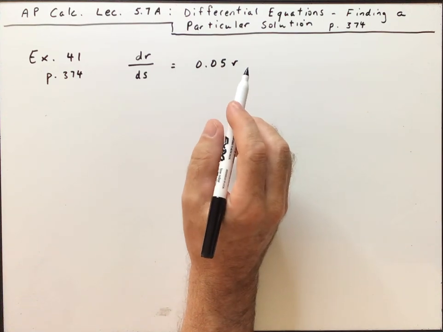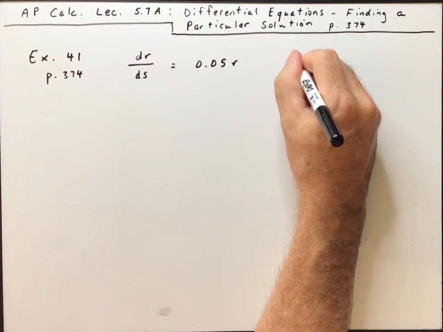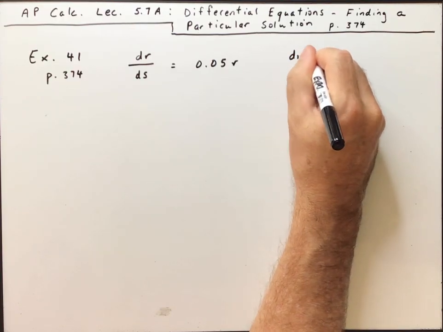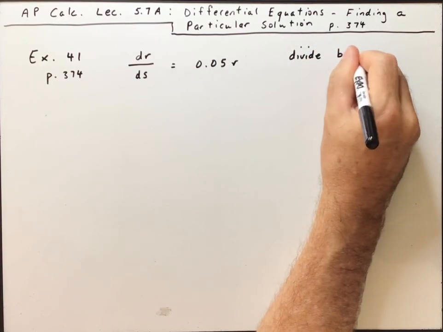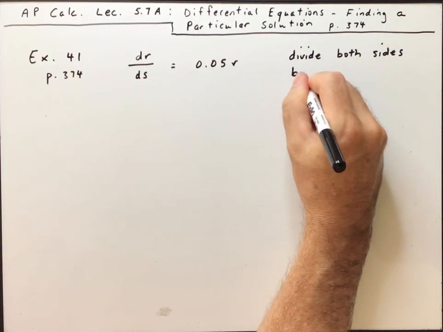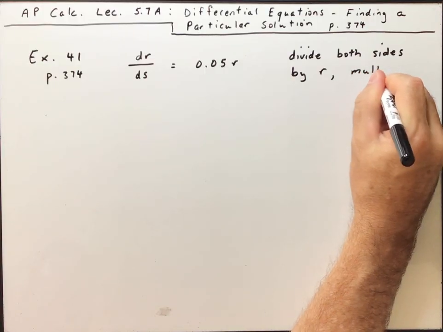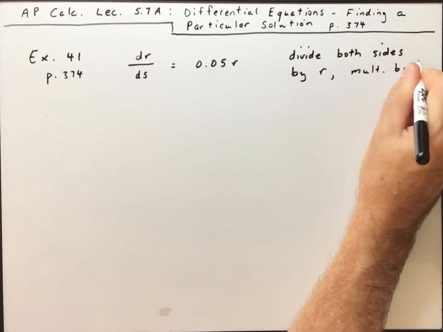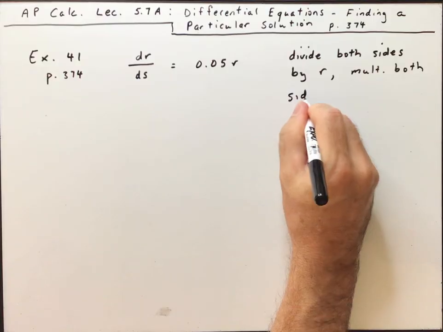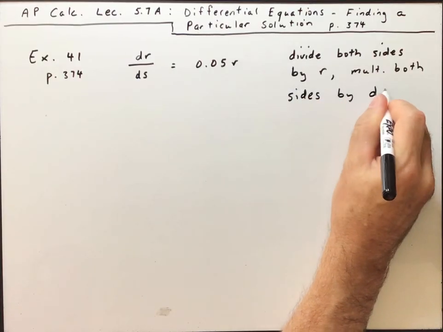So what I want to do is separate these variables by dividing both sides by r, and then multiply both sides by ds.